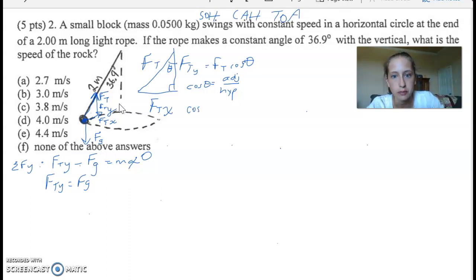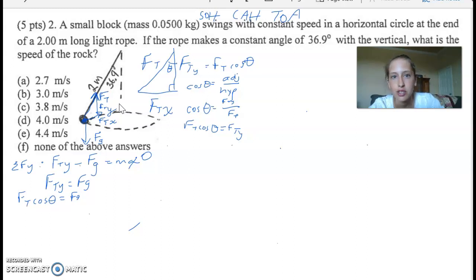So the cosine of theta equals adjacent, which is FTY, over the hypotenuse, which is Ft. But Ft times cosine theta equals FTY. Okay, cool. So that does equal Ft cosine theta. Just making sure. So here we can put Ft cosine theta equals Fg.